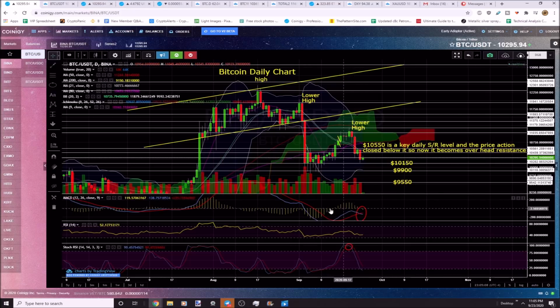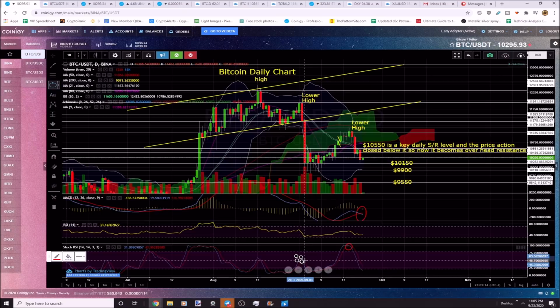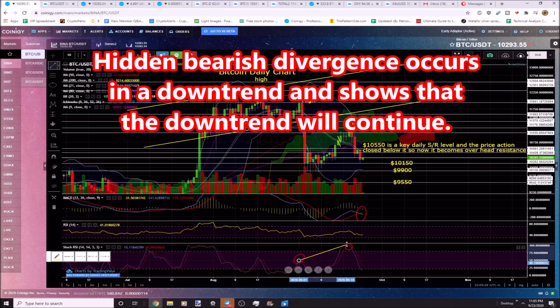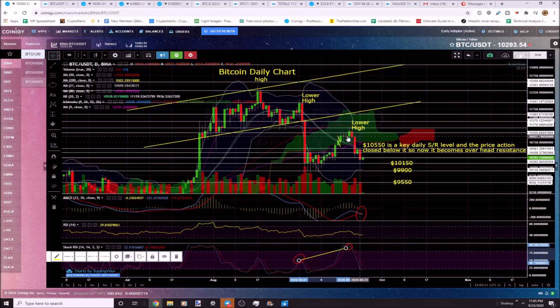But if you look at the stochastic RSI, this high is lower than this high, which is a hidden bearish divergence right here. Because you've got a high and then a higher high, but here you've got a high and then a lower high.